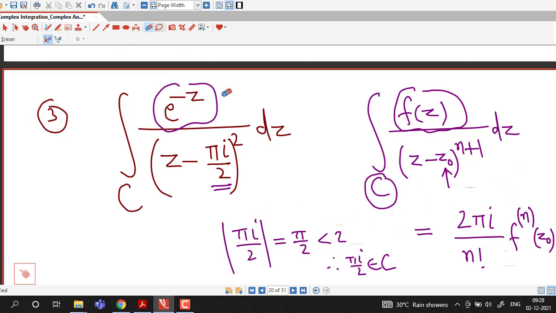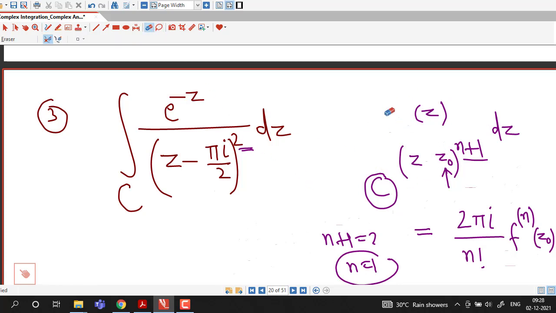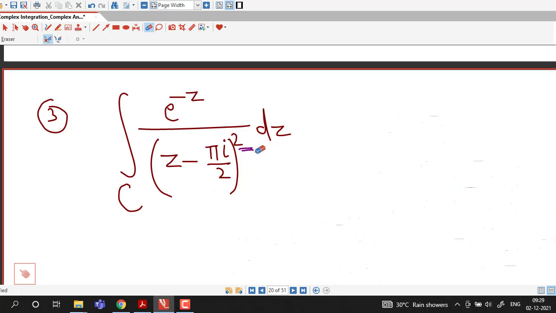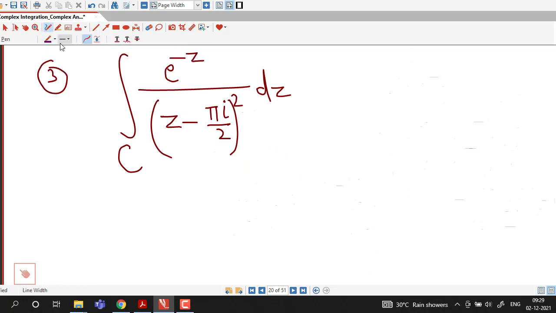So the hypothesis of Cauchy integral formula is satisfied here, and if we compare with the power, then here we have 2 equal to n plus 1. So n will be 1. That means we have to consider the first derivative. So with this in mind, we try to evaluate this integral. So here we consider f of z equal to e raised to minus z.